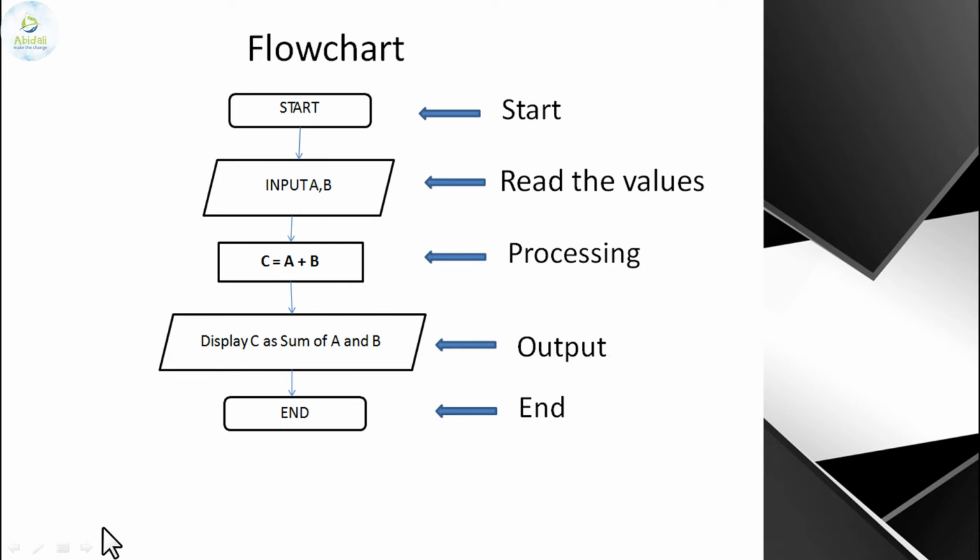So input a, b. Then for the processing I'll use a rectangle. Processing is nothing but finding the sum of two numbers, that is c = a + b. So the addition of two numbers is found.